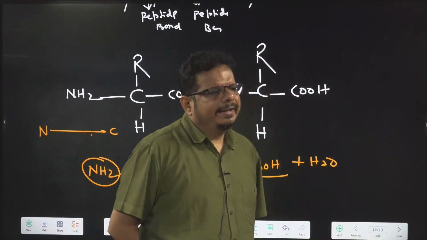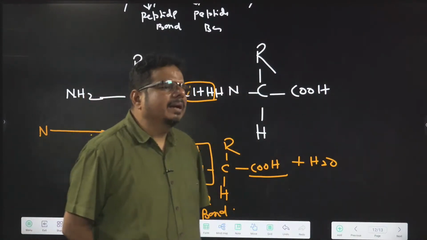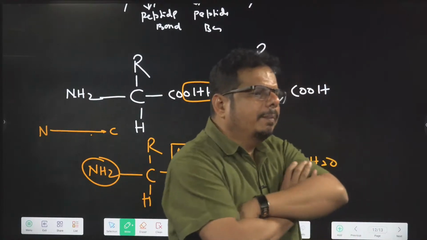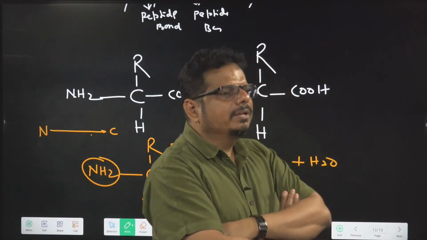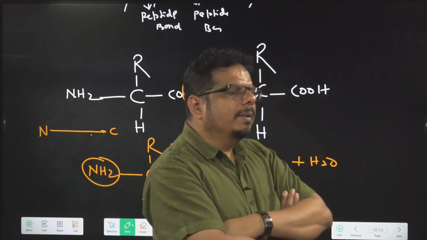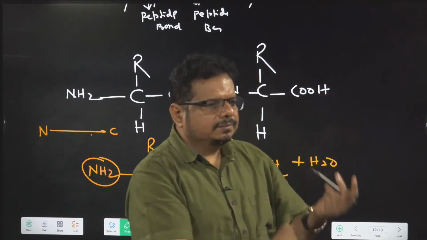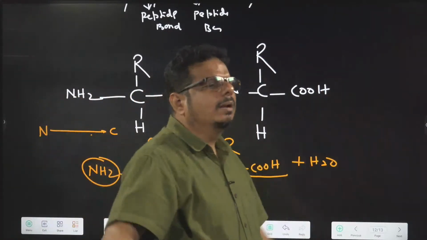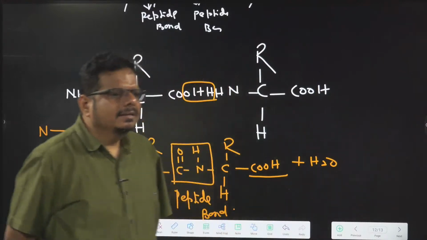So what is a polypeptide? When many amino acids, more than 10, suppose 100 amino acids, join together by peptide bonds, the structure formed is called a polypeptide. In a protein, the number of polypeptides is either 1 or more than 1. Clear in the mind?